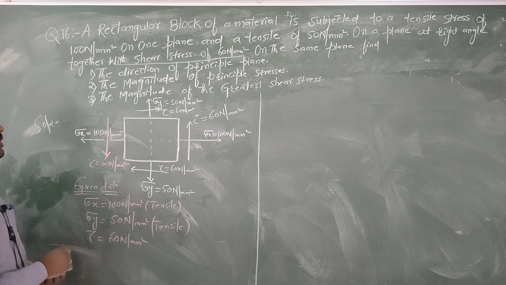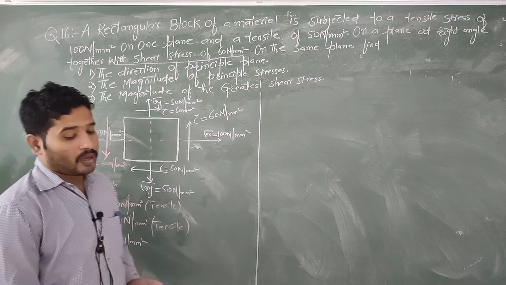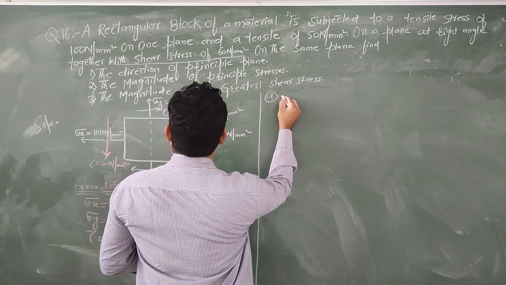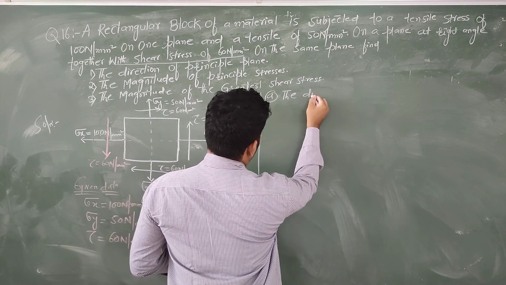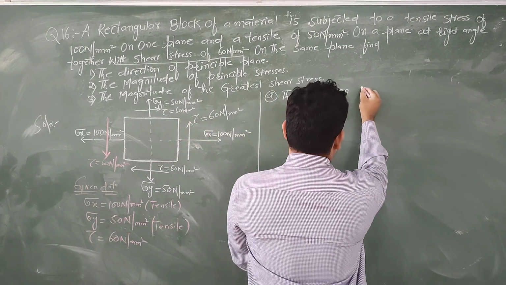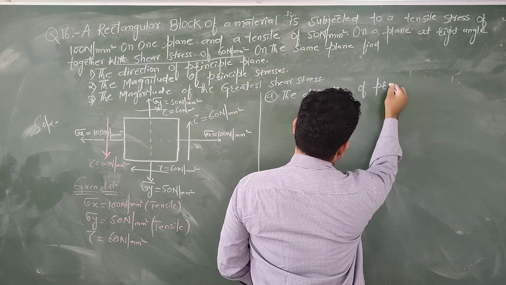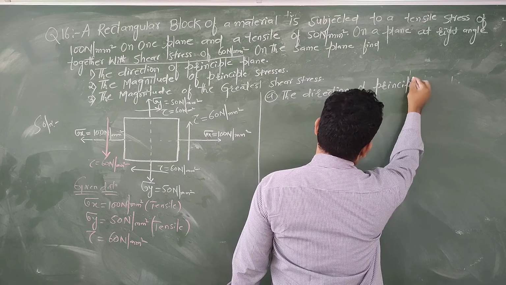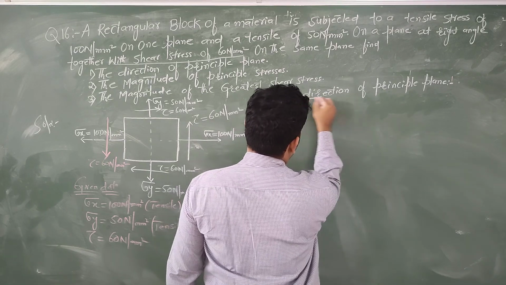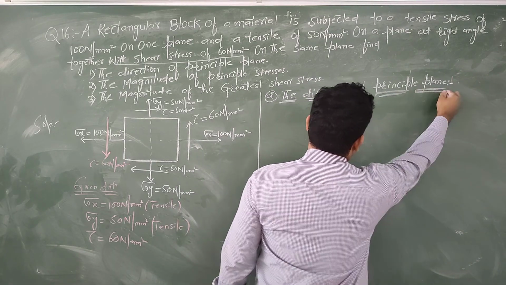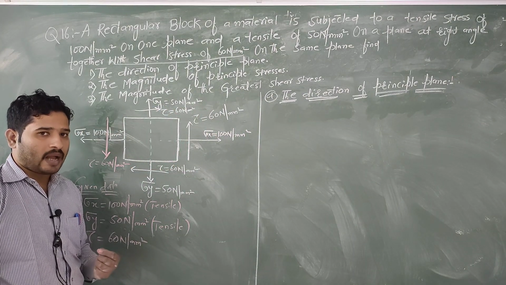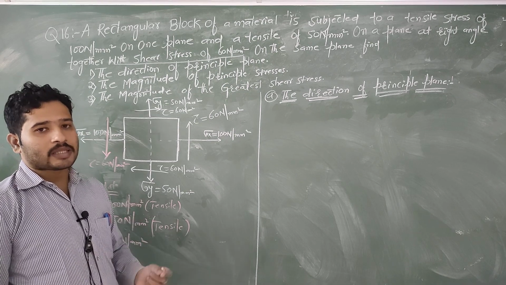The first thing is we need to find the direction of the principal plane. For the direction of the principal plane, we use the formula tan 2 theta equal to 2 tau divided by sigma x minus sigma y.